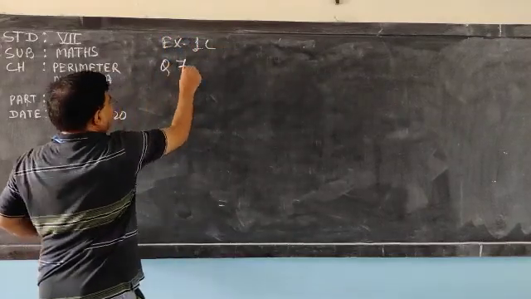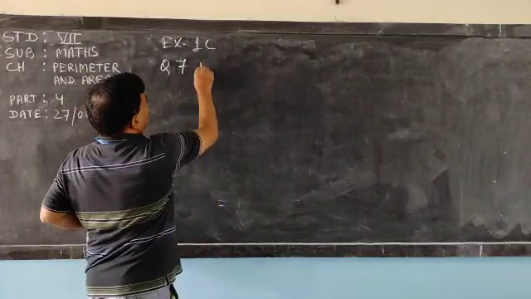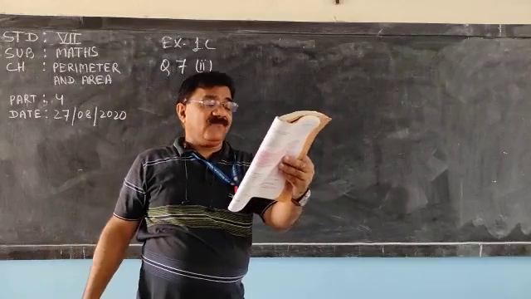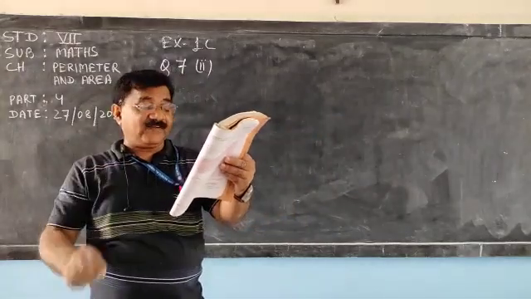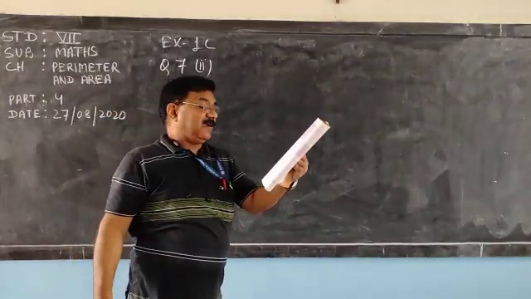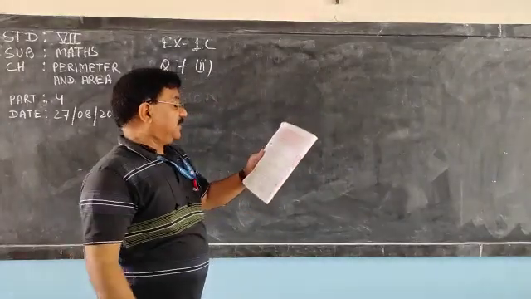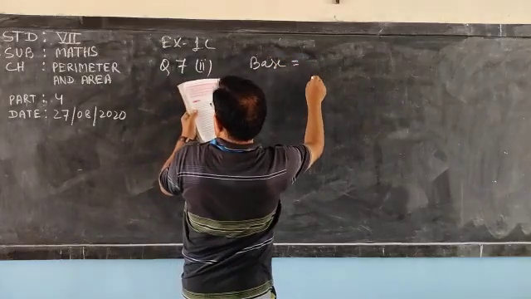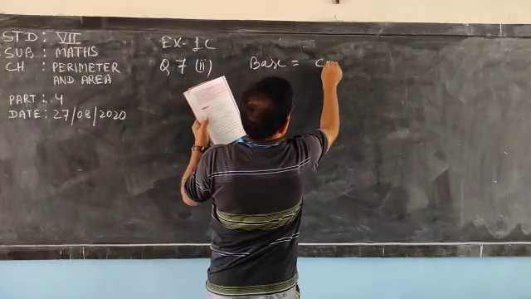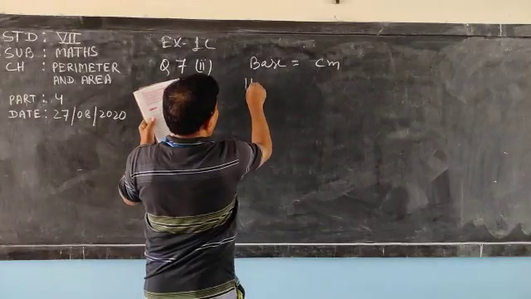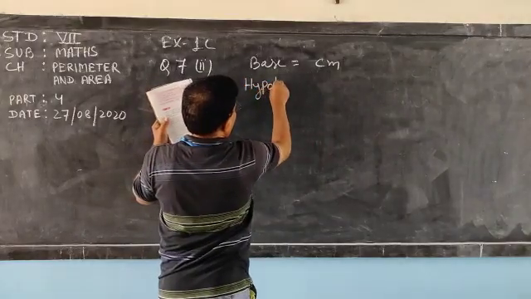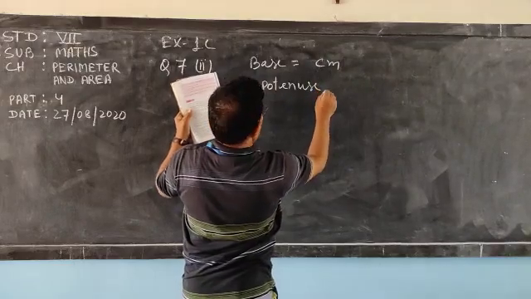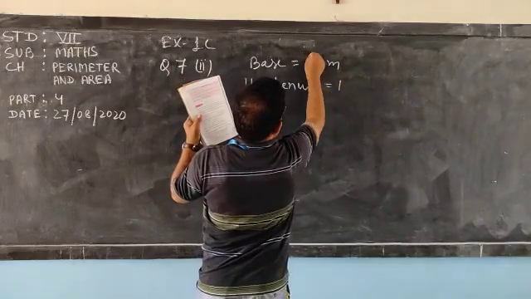The question is, find the area of a right triangle if the perpendicular is 66 centimeter, base is 6 centimeter, and hypotenuse is equal to 10 centimeter.